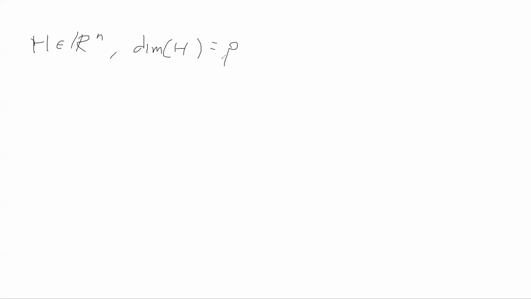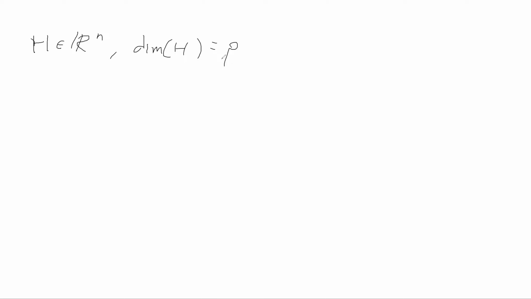All right, so next theorem, theorem 15, the basis theorem. Let H be a p-dimensional subspace of Rn. Any linearly independent set of exactly p elements in H is automatically a basis for H. Also, any set of p elements of H that spans H is automatically a basis for H.